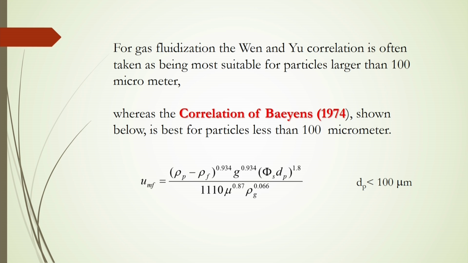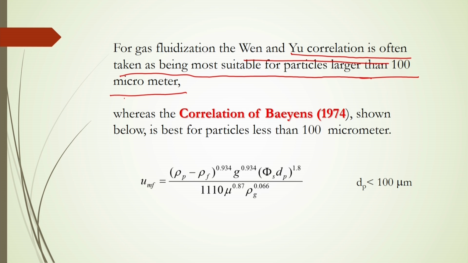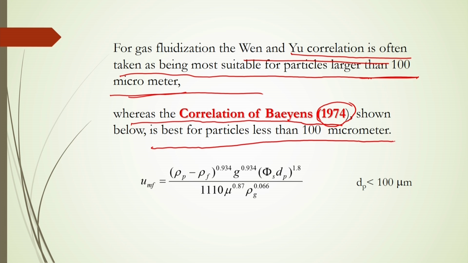Now, for gas fluidization, the Wen and Yu correlation is often taken as being most suitable for particles larger than 100 micrometer. Whereas, the correlation of Baeyens 1974 is the best for particles less than 100 micrometer.